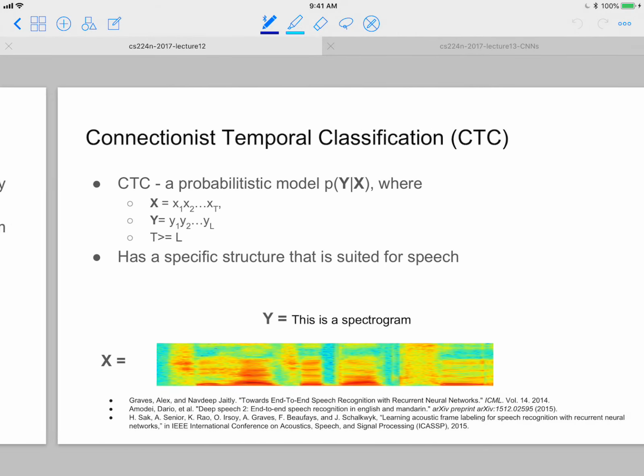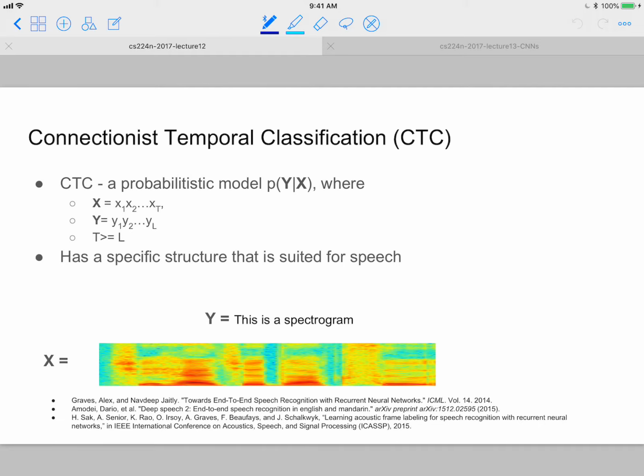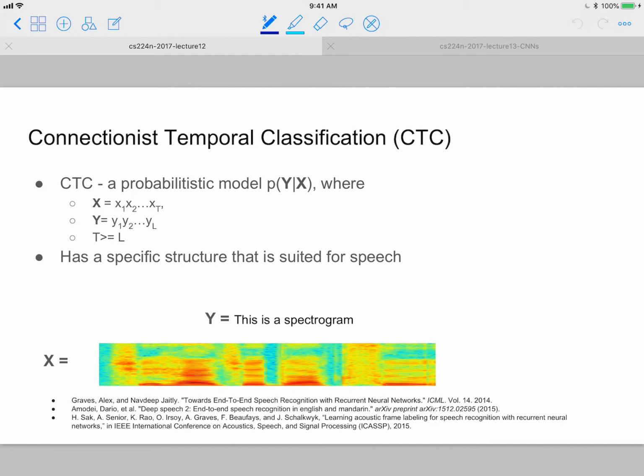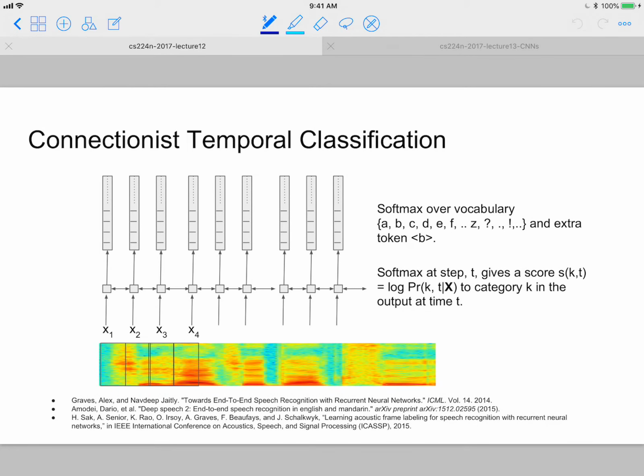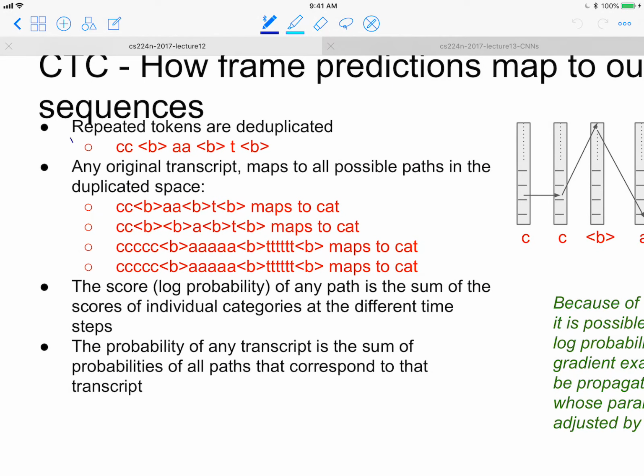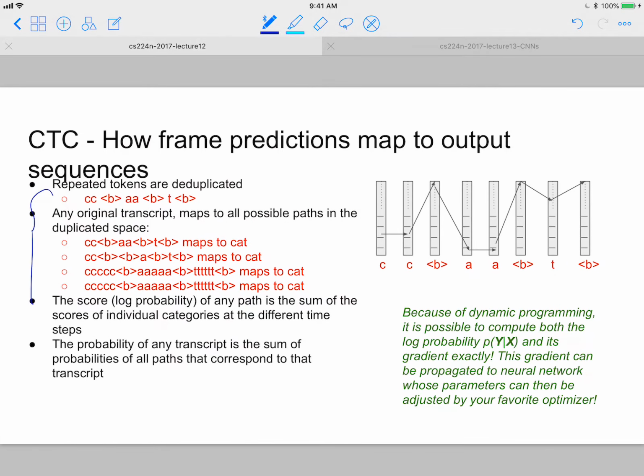Okay, then. So this is an example of a spectrogram. Then, have you guys understood this CTC algorithm? Can anyone explain this part?